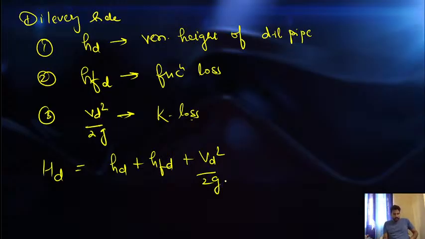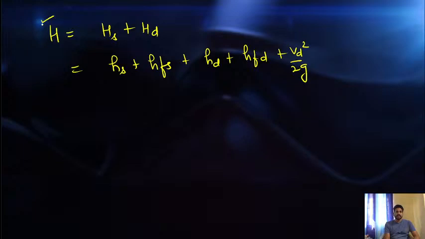So what about the total head? Actually, this is my total head. Capital H is equal to the head at the suction side plus head at the delivery side. What is this head? This is my HS plus HFS plus HD plus HFD plus Vd square divided by 2g. So this is actually the total head in the case of our pump.